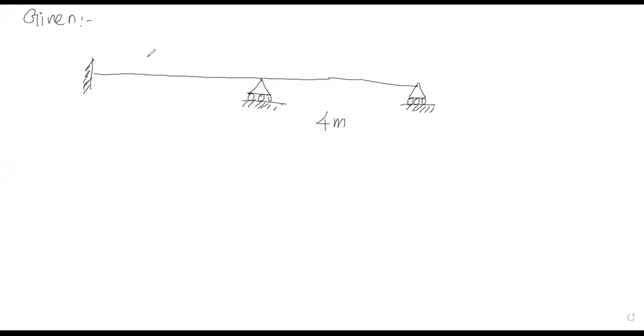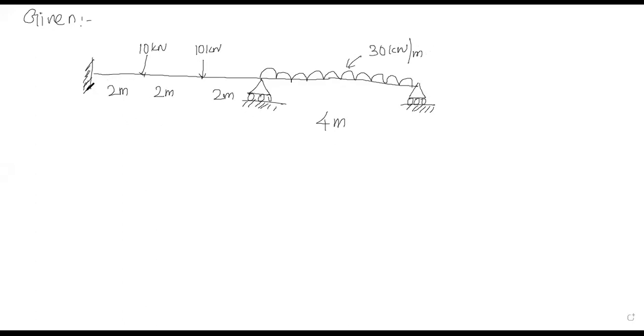So 4 meter, here 10 kilonewton is acting. Here another 10 kilonewton is acting. So the distance is 2 meter from the support. And the intensity of UDL is 30 kilonewton per meter.